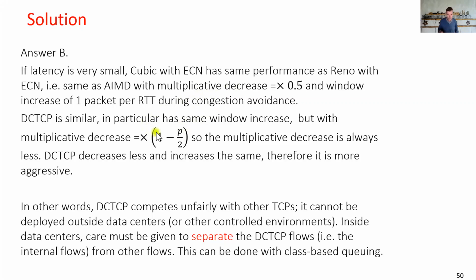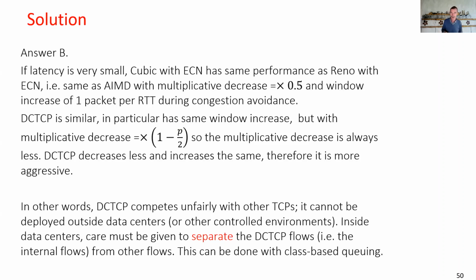Therefore, if we're in the operation mode where Cubic is the same as Reno, the decrease is much less with DC-TCP. So a DC-TCP connection increases in the same way when everything is okay, when it receives only positive feedback, but it decreases less when it receives negative feedback compared to another TCP connection that would be using Reno or Cubic.